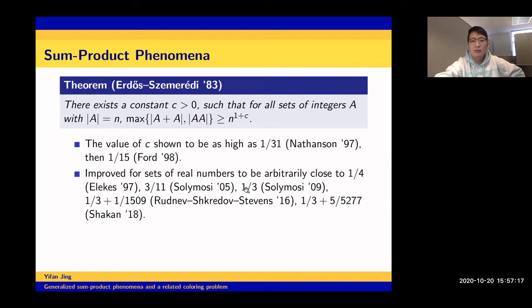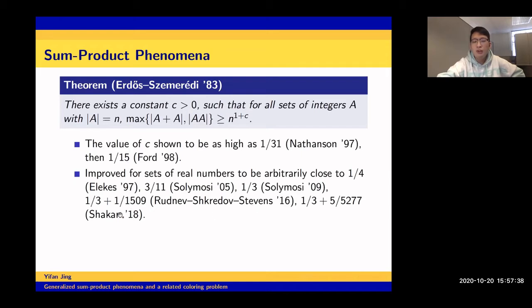And then in a very famous paper by Solymosi in 2009, he finds some geometric property of these lines that can improve this result to 1 plus 1/3. And there are also lots of later improvements based on Solymosi's argument. So you have 1/3 plus 1 over 1500.